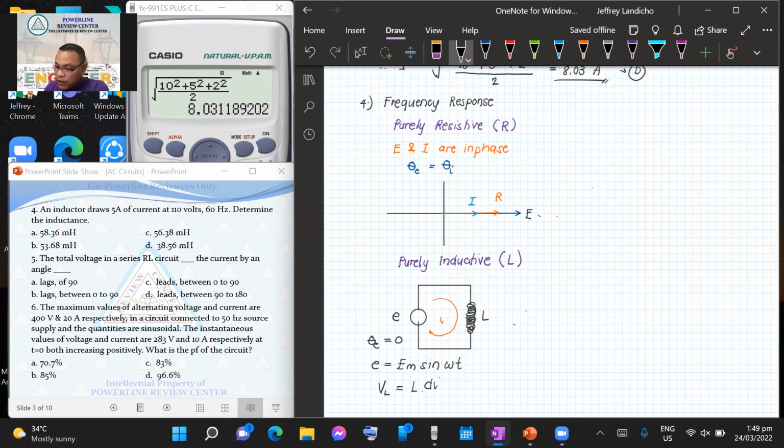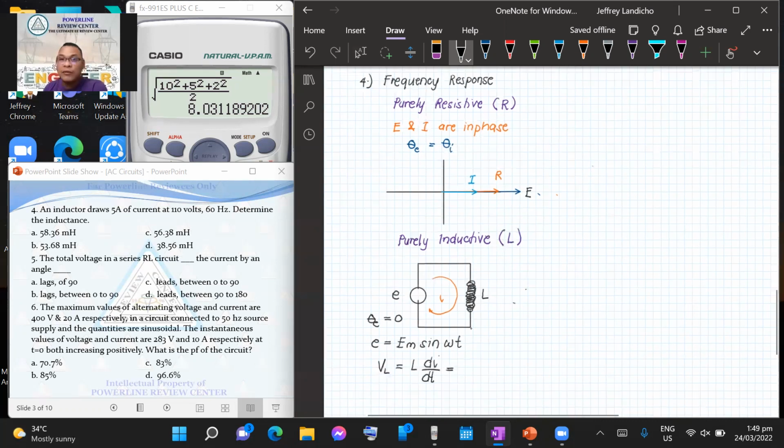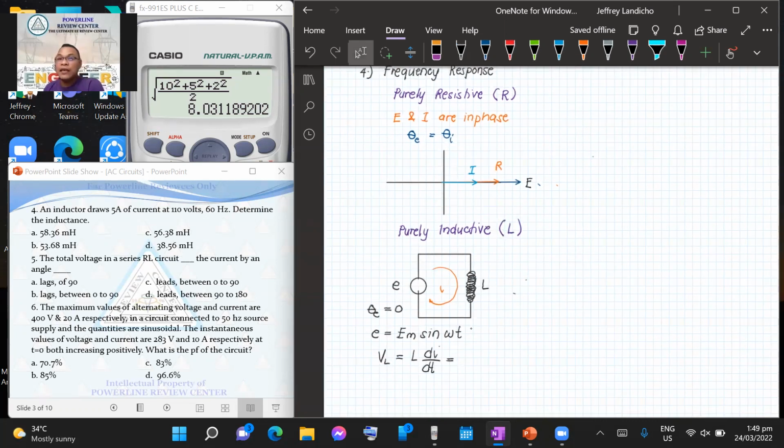L di over dt. So since siya lang naman ang load natin sa ating AC circuits, so in that case, the voltage drop across this coil represent the source voltage or equivalent sa ating source voltage. So equal yan kanino? E sub m sine omega t.